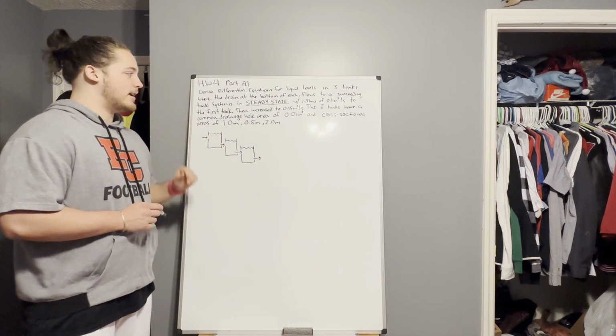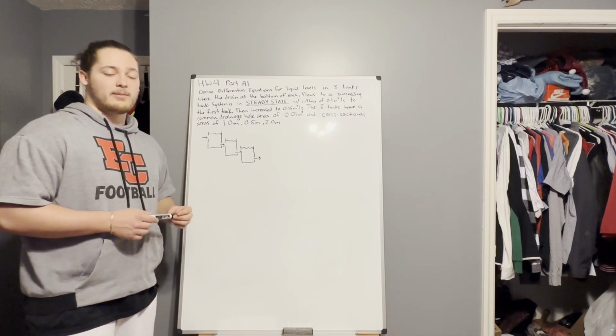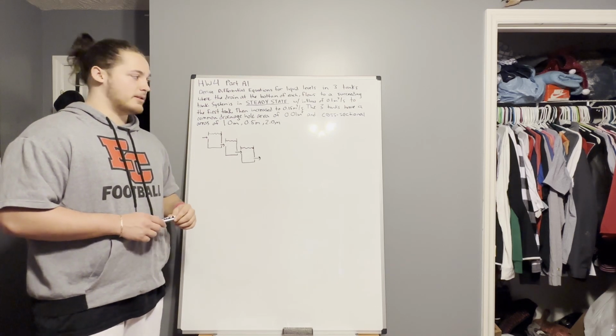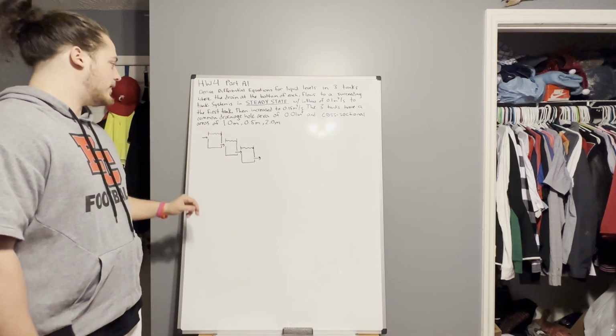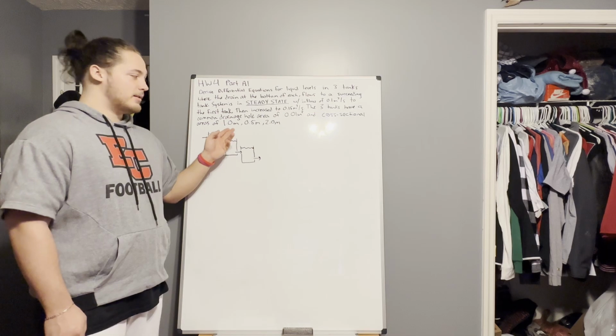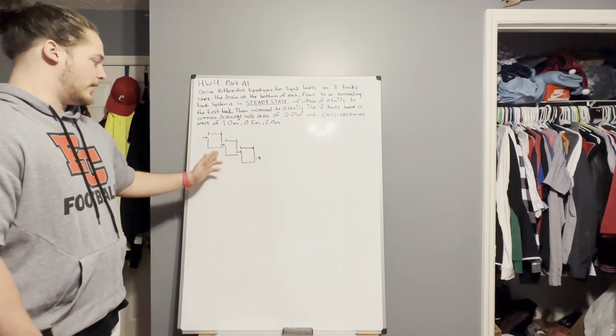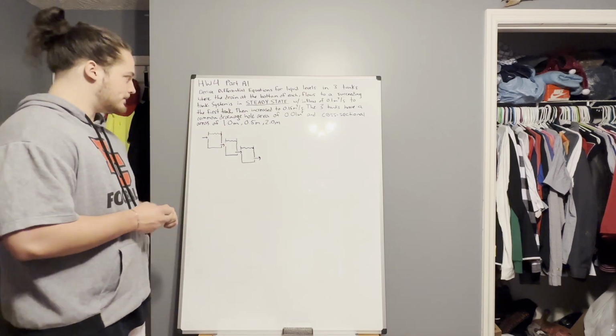The 3 tanks also have a common drainage hole area of 0.01 meters squared and cross-sectional areas of 1, 1/2 a meter and 2 meters for each one respectively.